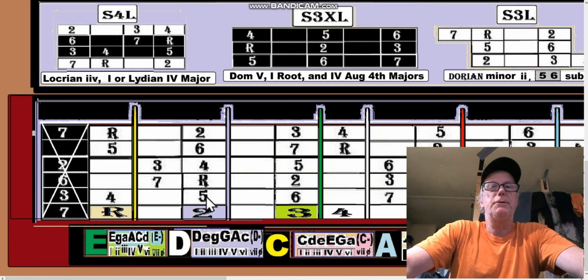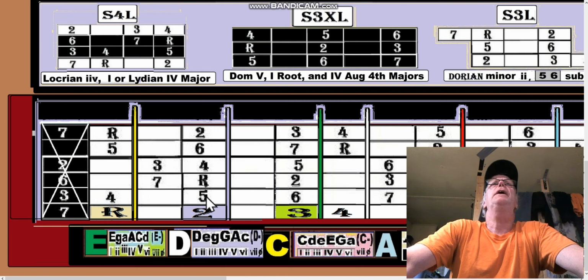Remember, C shaped is root position. I'll show you kind of a trick, if I could. That C shape is root position. So when you start on the 5th here, you're going to go 5, 7 to 2. That's a C-shaped 5th in root position.